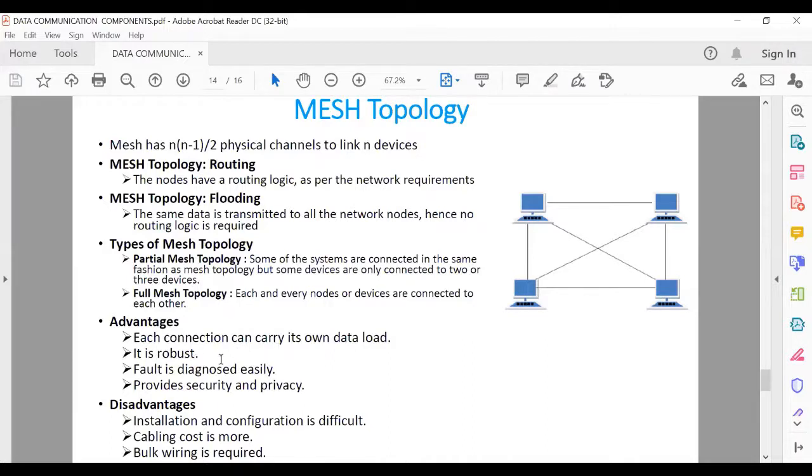It is robust in nature, faults are diagnosed easily, and it provides security and privacy also. Different disadvantages are there, like installation and configuration is very difficult. Cabling cost is more because each node is to be connected to every other, and bulk wiring is required. So circuit complexity will be high.